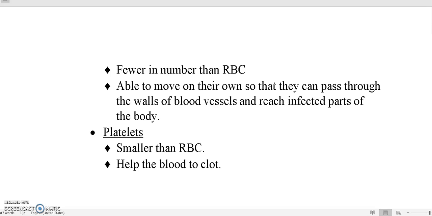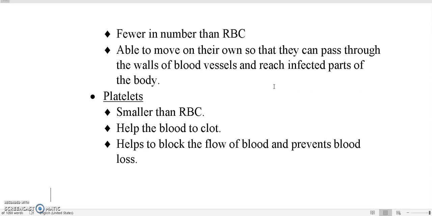See, basically what happens whenever we get any cut or wound, then for some time the blood would flow from that wound, but then it stops, right? So why so? Because naturally it has to stop, otherwise there will be blood loss, and that's not good for our health.